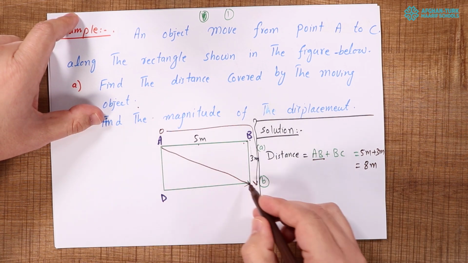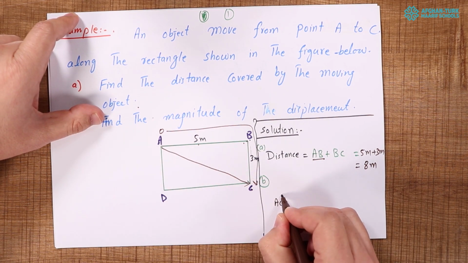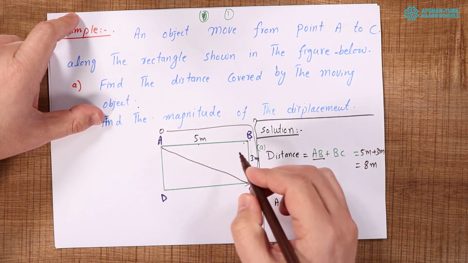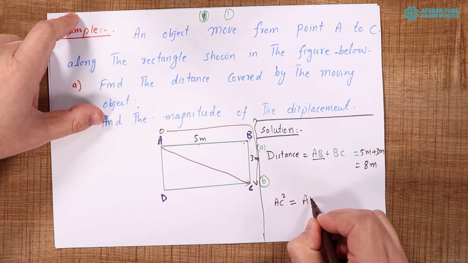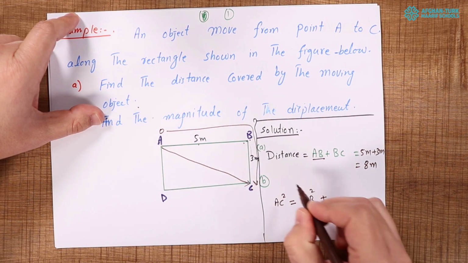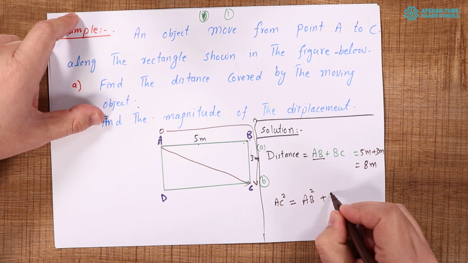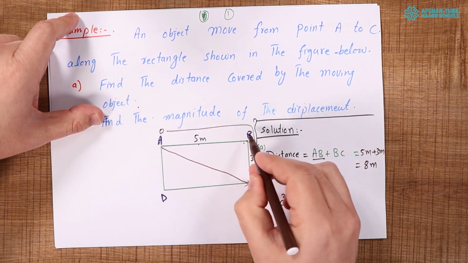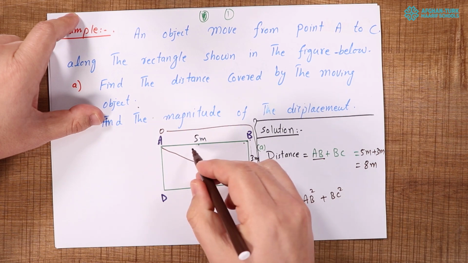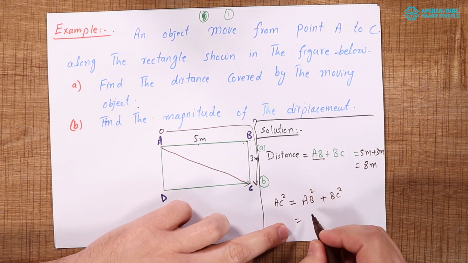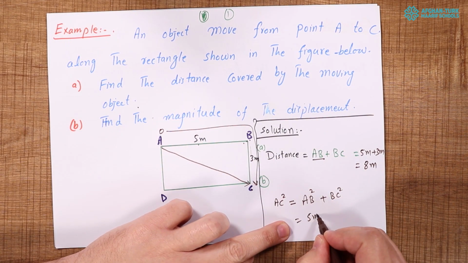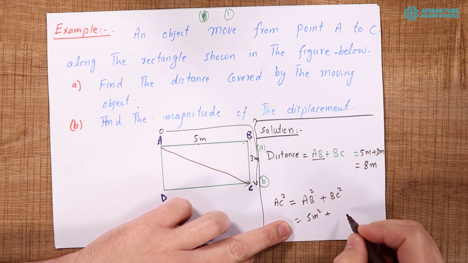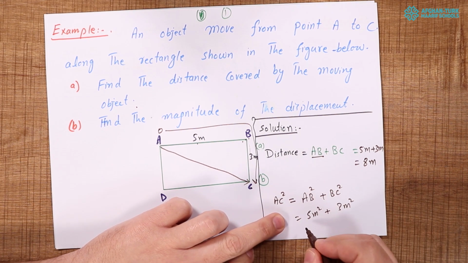Very simple. This side is unknown. AC square is equal to AB square plus BC square. The two sides are given. So AB is 5 meter, squared, plus BC is 3 meter, squared.